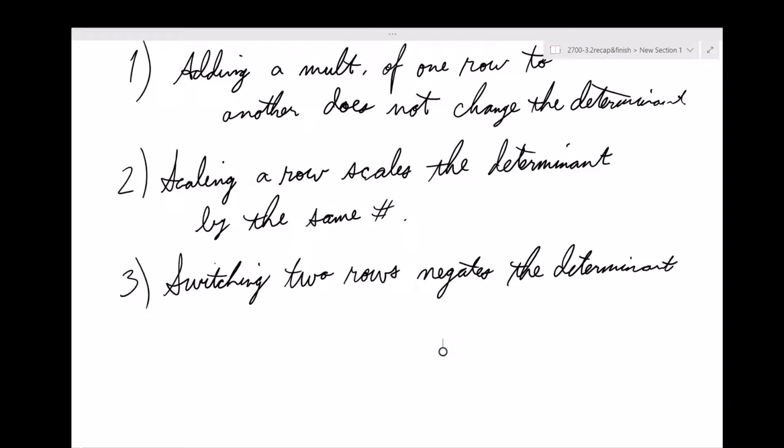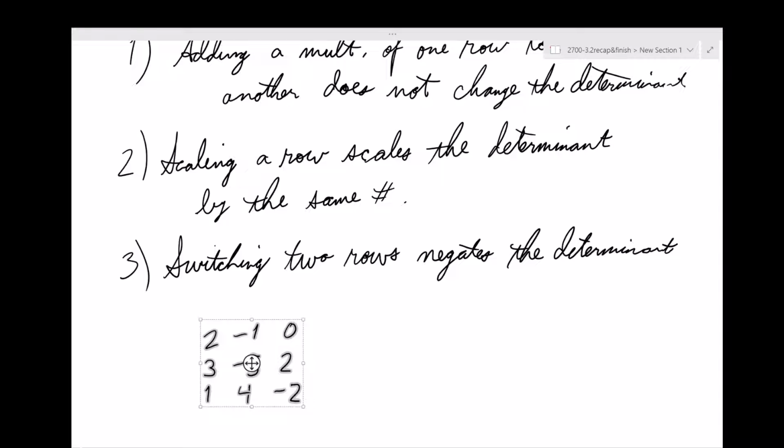So what that lets us do is that we can perform row operations and know how our determinant's changing as we go along. So let's see an example of that happen. Okay, so back to our example. Say I want the determinant of this now.